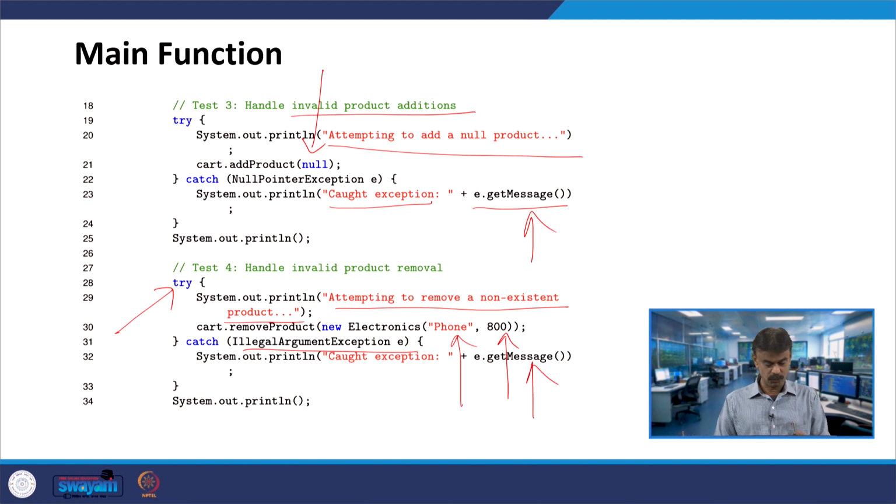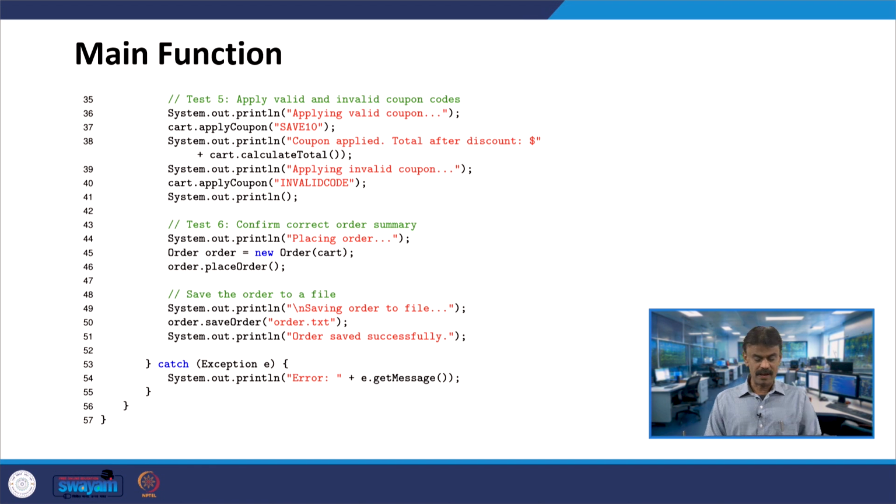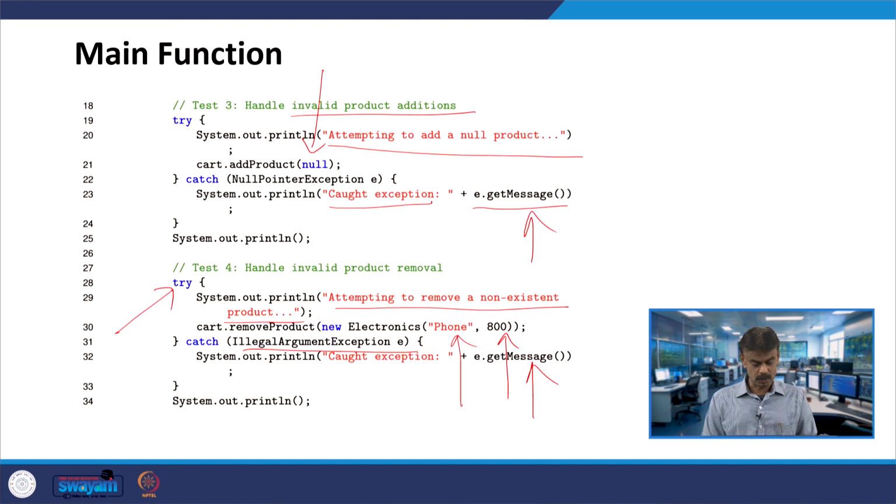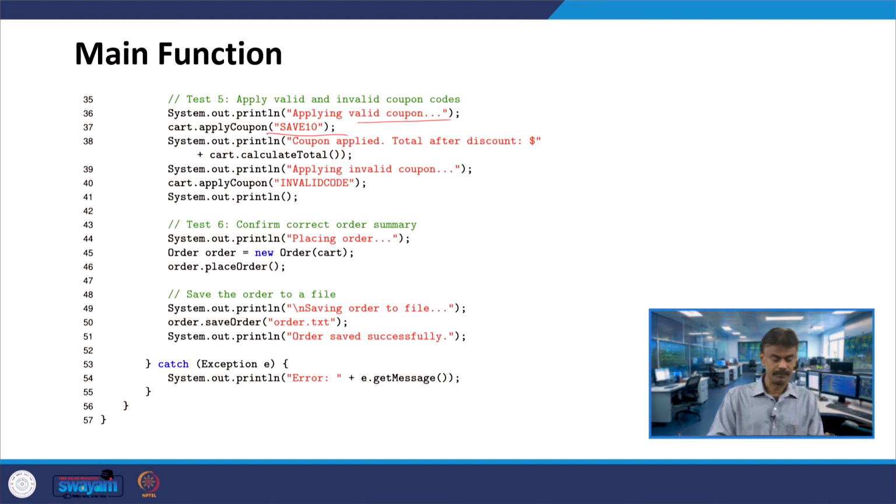Test 4 applies valid and invalid coupon codes. System.out.println "Applying valid coupon", then cart applyCoupon SAVE10. We had seen that in the cart: if code equals SAVE10, the discount will be 0.10. That is what you are passing, SAVE10.